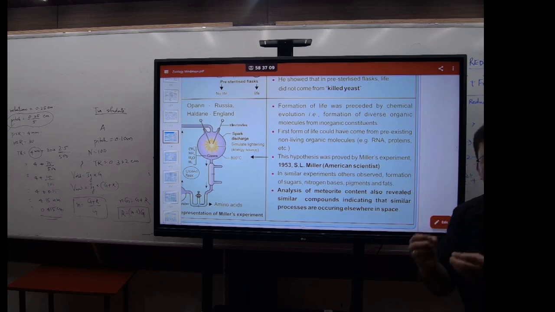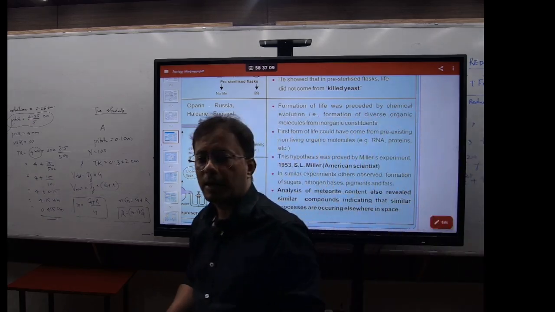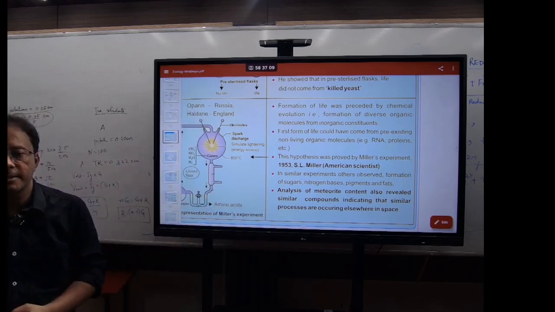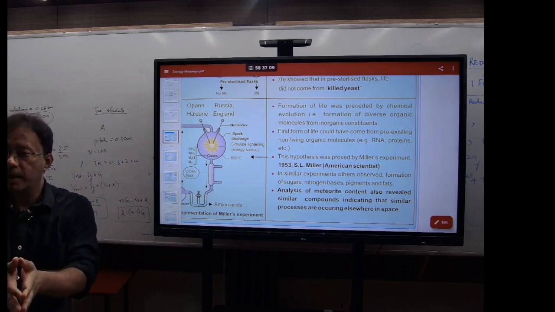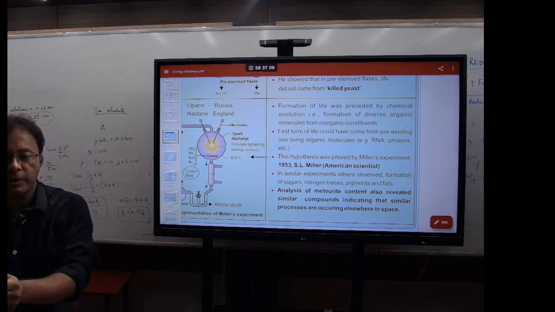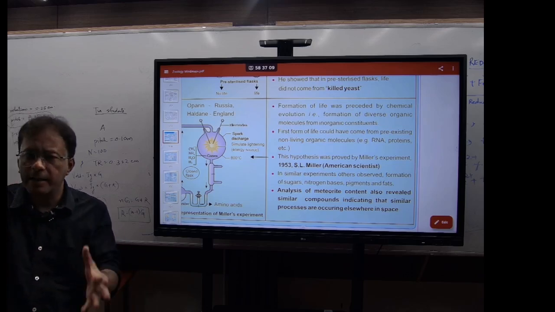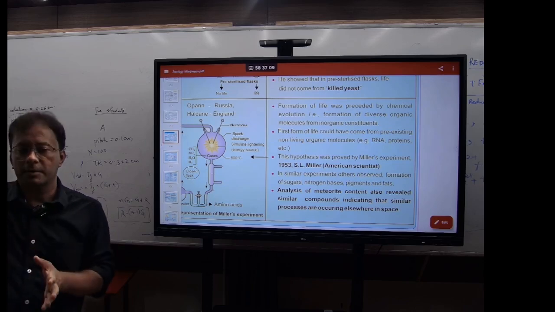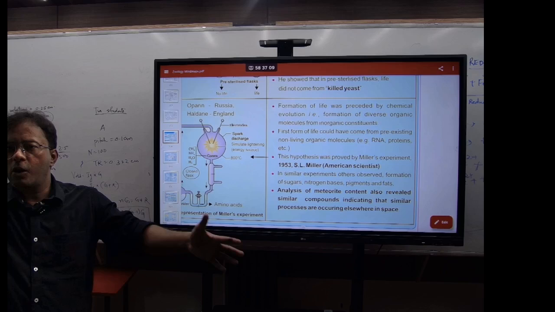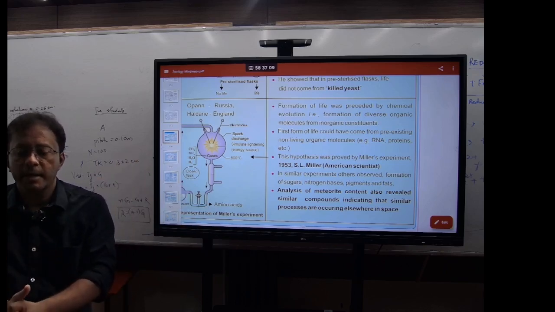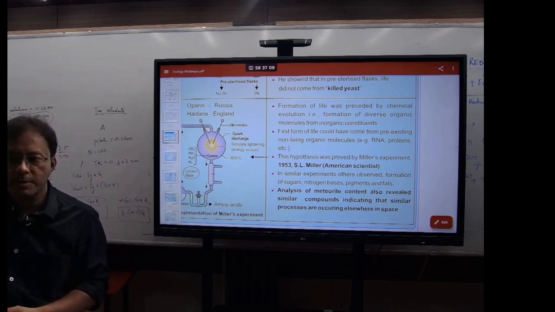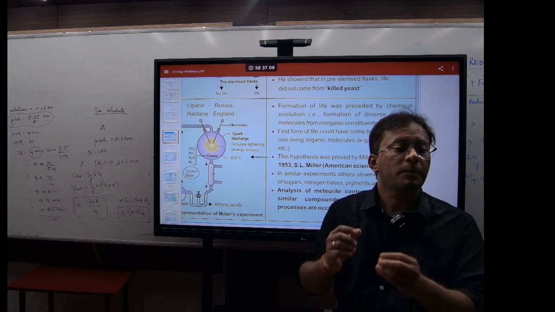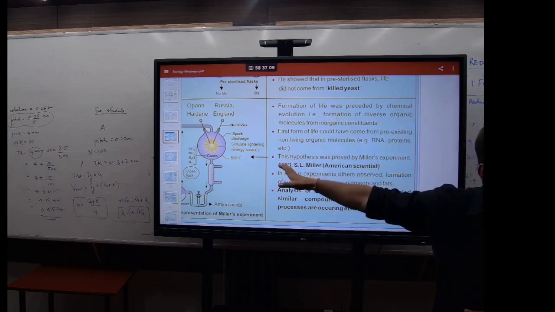So first there was formation of simple organic molecules like monosaccharides, amino acids, nucleotides, such things. And these simple organic molecules combined and reacted with each other, which took again not just 1 day or 1 year or not even 1,000 years, it took millions of years. So because of all these combinations of chemicals, they formed complex organic molecules. And these complex organic molecules were the precursors of life on the earth.